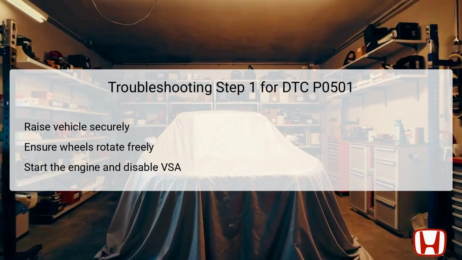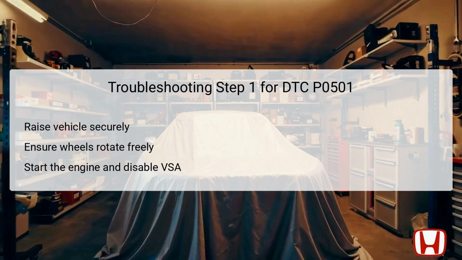The first step in troubleshooting DTC P0501 involves raising the vehicle securely, making sure it is properly supported. It's essential to let all four wheels rotate freely during the inspection to simulate driving conditions. Next, start the engine and disable the Vehicle Stability Assist (VSA) system, as we want to focus on diagnostics without interference from electronic stability controls.